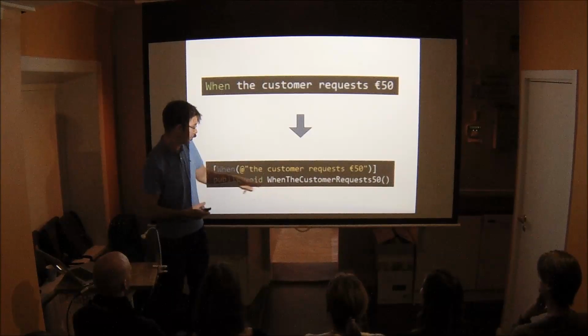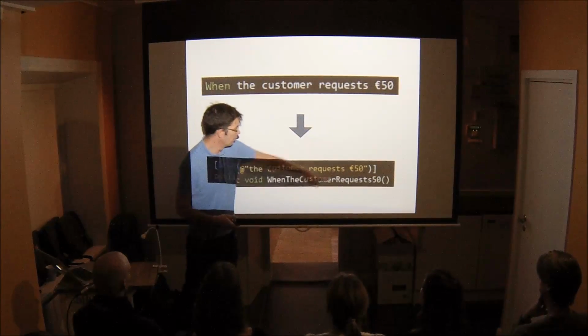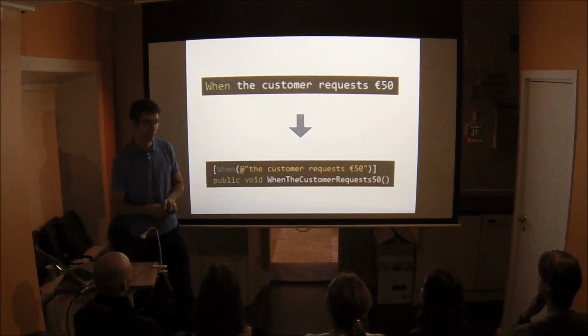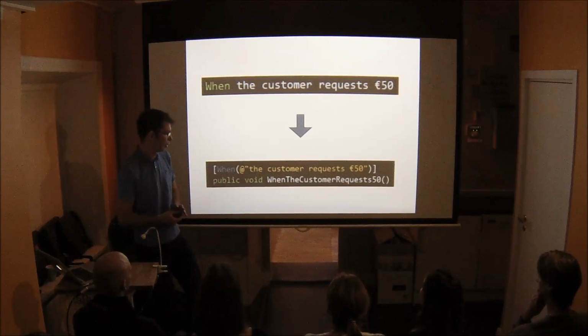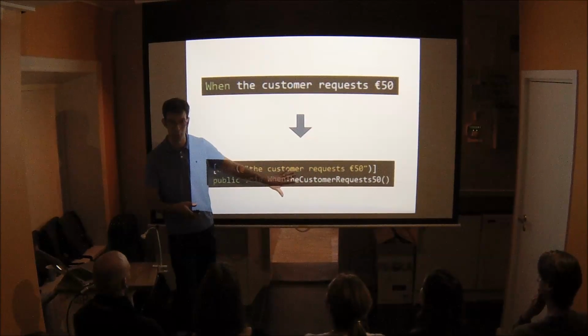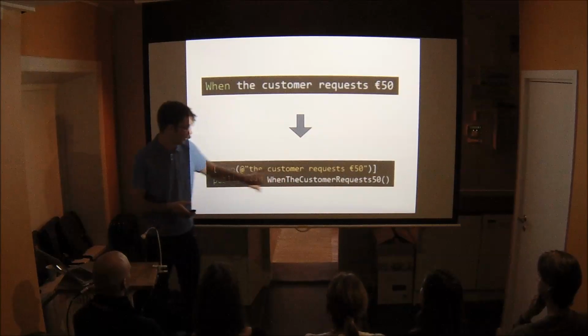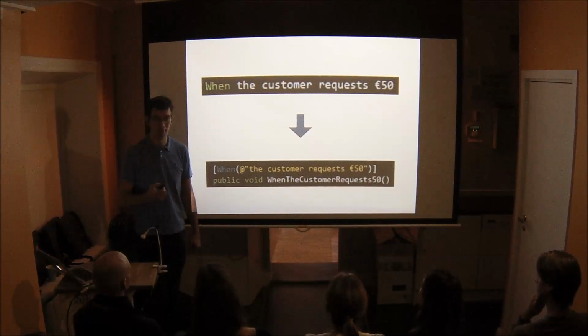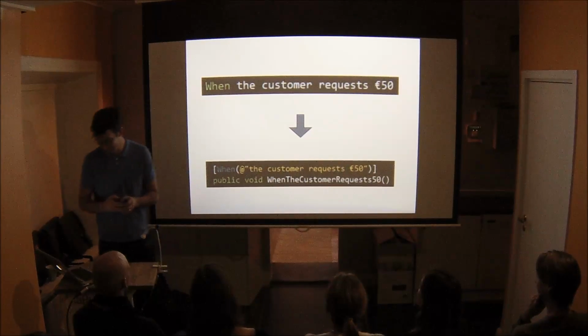This code then performs the action to request 50 euros. And there's a whole science about writing this in a maintainable way, and that's what we're going to talk about tomorrow, because that's a presentation of its own. And we're still exploring these ways of writing that.